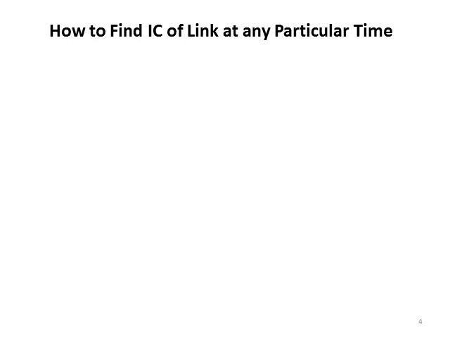Now in this slide we will find the instantaneous center for a link at a particular time, for example time 1 second, with 100% accuracy. So to pinpoint the instantaneous center at any particular time, for example time 1 second, what do we need?